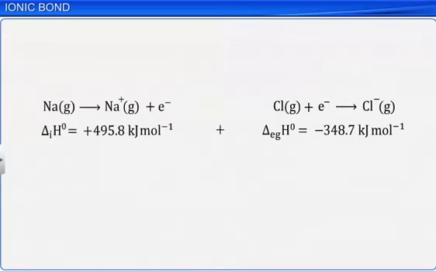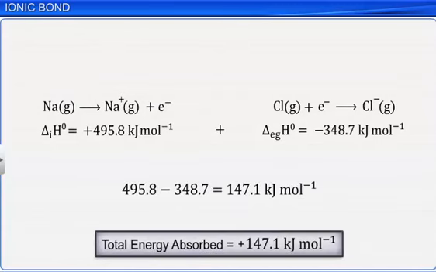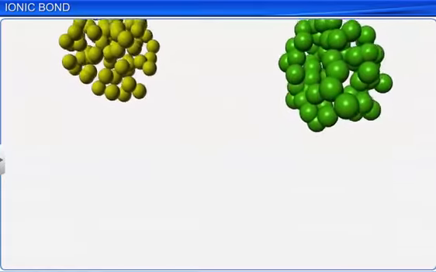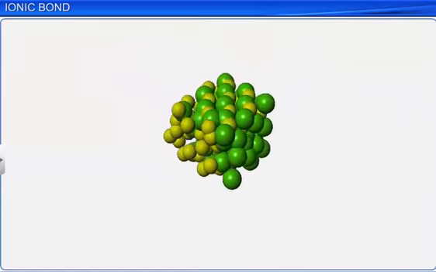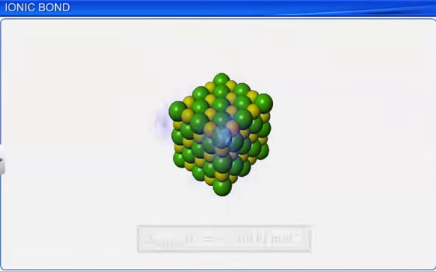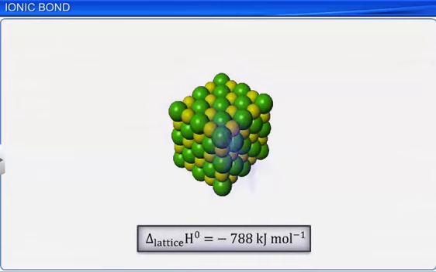The sum of the two, which is 147.1 kJ per mole, is positive. But this is compensated by the energy released during the formation of the crystal lattice of sodium chloride, which is minus 788 kJ per mole.